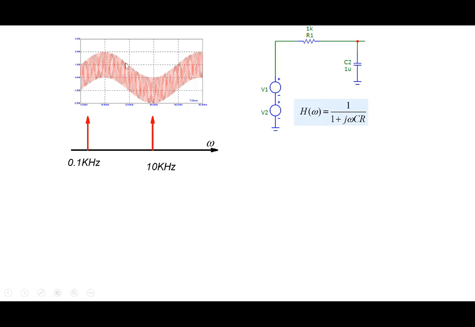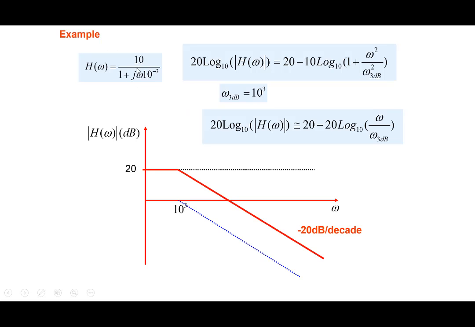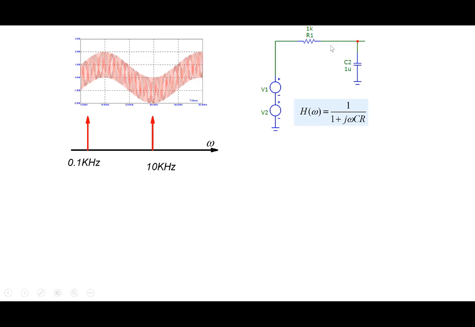So let's see the usefulness of the plot that we just obtained, and how we can use the circuit that we just made. In this case, I generated a composite signal, which is made up of 0.1 kilohertz and 10 kilohertz.